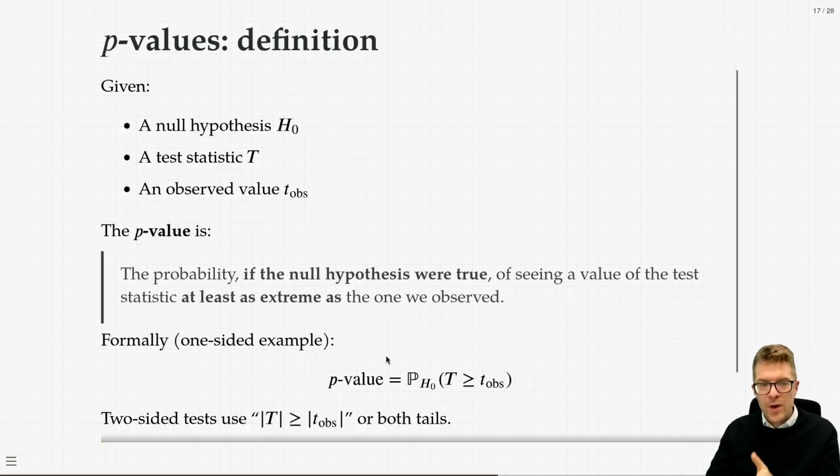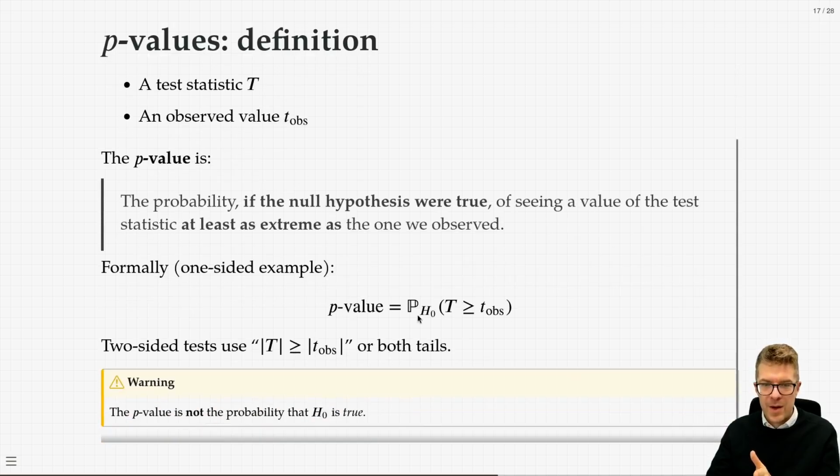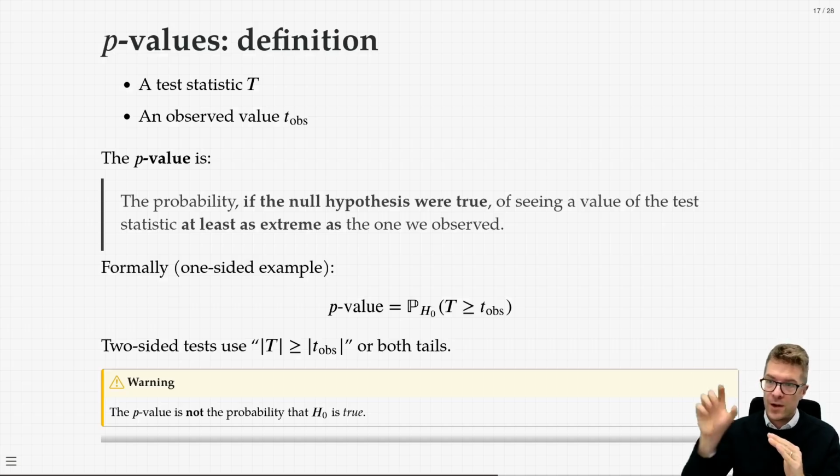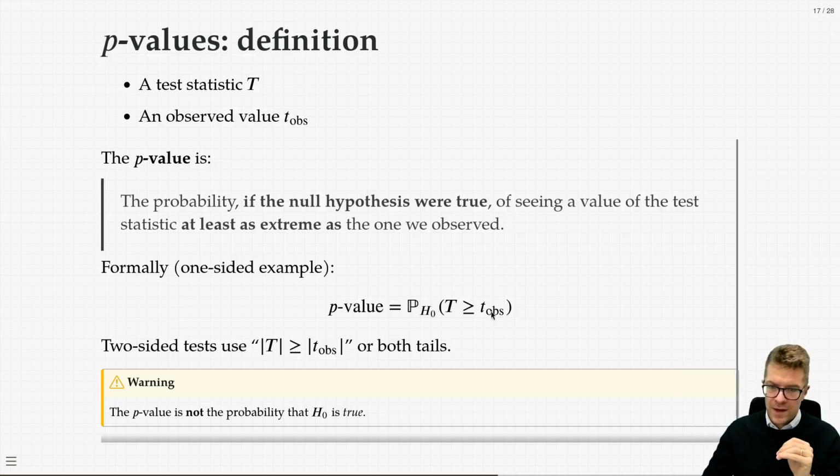So for a one-sided example, a p-value might be the probability under the assumption that the null hypothesis is correct, that the t-statistic is bigger than or equal to an observation. Okay, so again, we've taken many samples of some data. We look at the means in all of those samples. This gives us our nice Gaussian curve. And then we get a new sample. We compute the mean value from that new sample. That is our t observed.